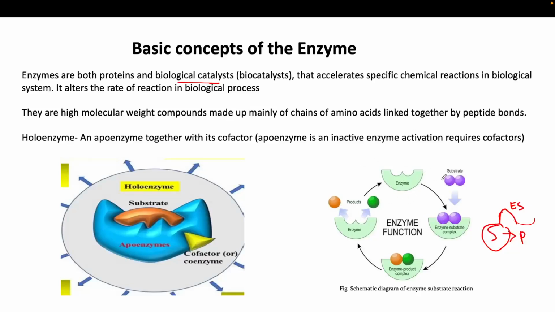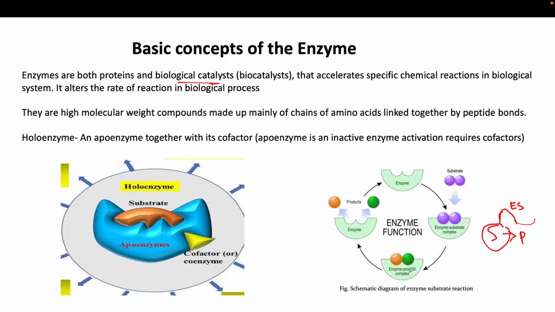So firstly, the enzyme is present in the free form, and its substrate is also present in free form. Once the substrate binds to the enzyme, it creates a transitional phase where the energy is very high. Then this enzyme-substrate complex is stabilized and converts the substrate into product very quickly.